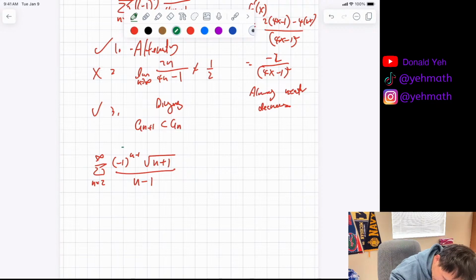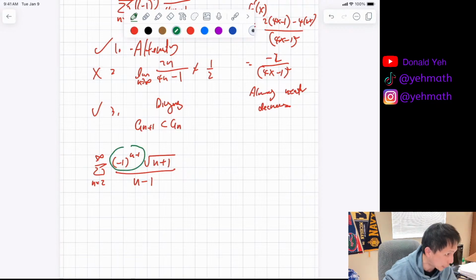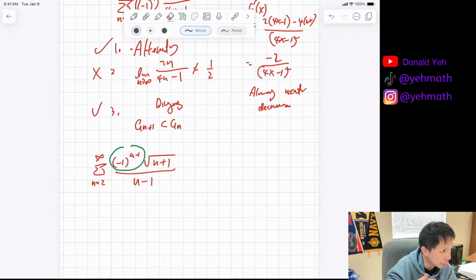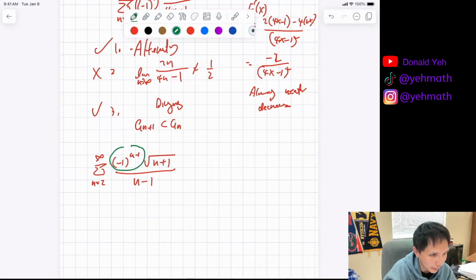Well, the AST is right here. It's alternating. Your flow chart is going to think about it's alternating. The first thing you have to do is AST. Does that make sense? So your brain has to go through an n-term divergence test, comparison test. You got to see the flow chart.